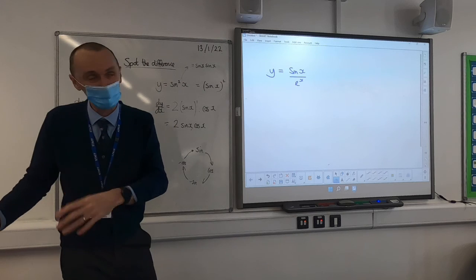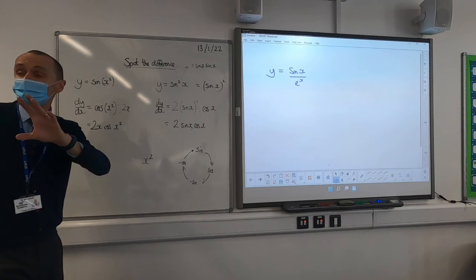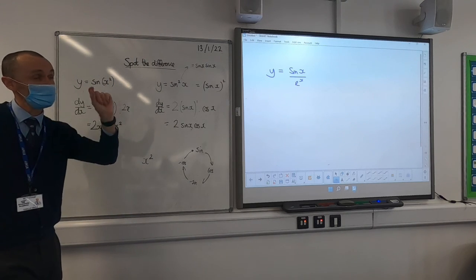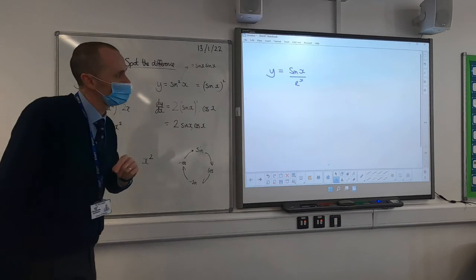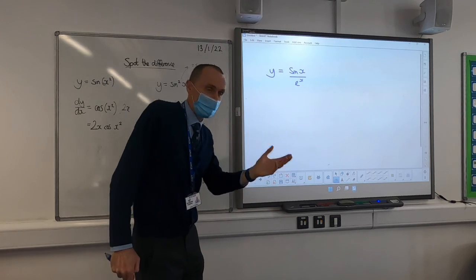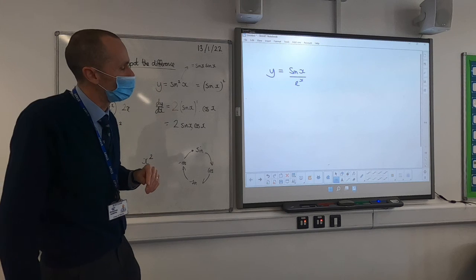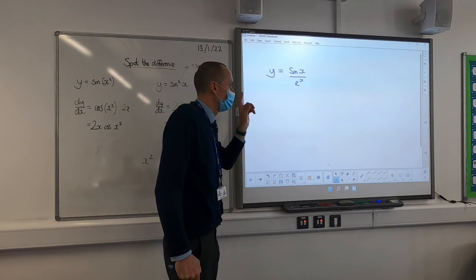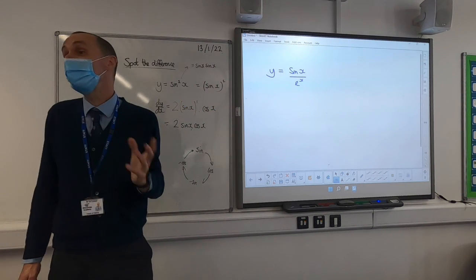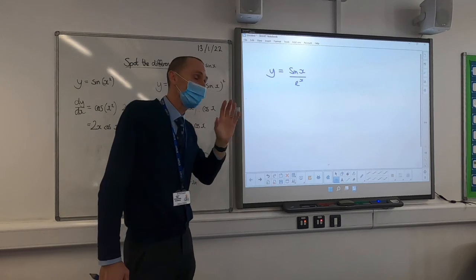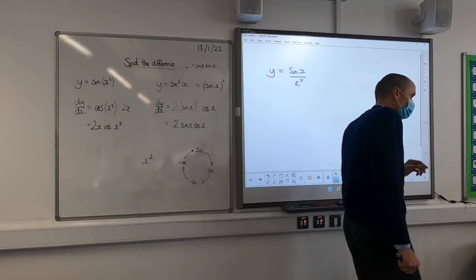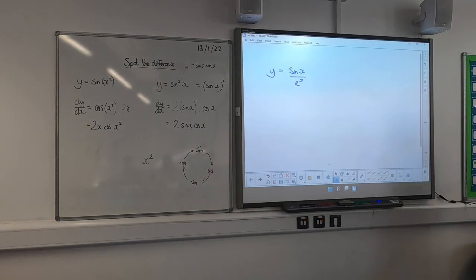And then in the last couple of lessons we've looked at differentiating products, where you've got one thing multiplied by another thing. And it's not perhaps surprising that we now are going to look at differentiating one thing divided by another thing. And this rule that we're looking at today has a name which we've come across before.